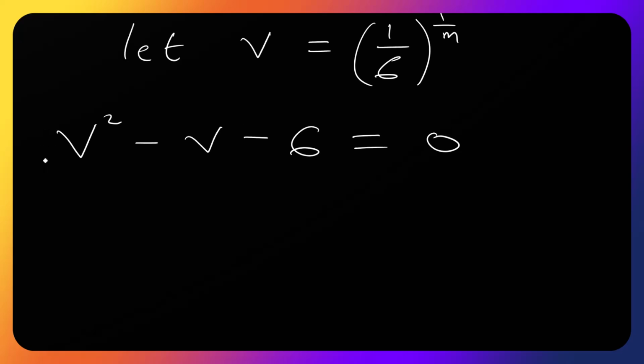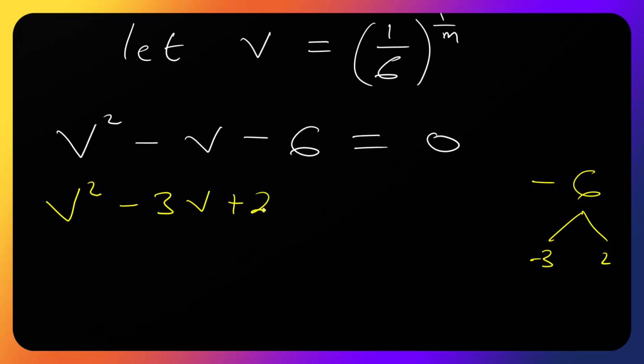So what's the coefficient here? 1. Once you multiply 1 by this, I'll get minus 6. So the two numbers will be minus 3 and 2. So we have v squared minus 3v plus 2v minus 6 equals 0.